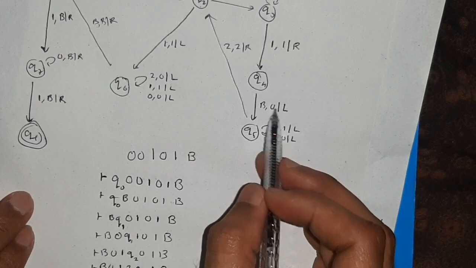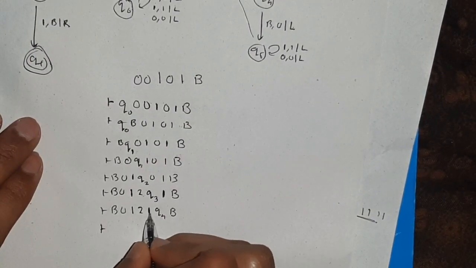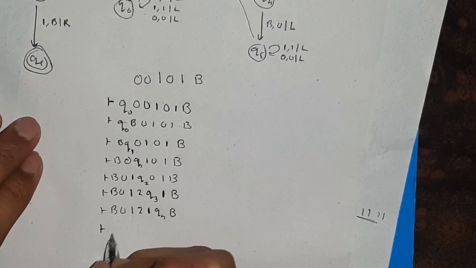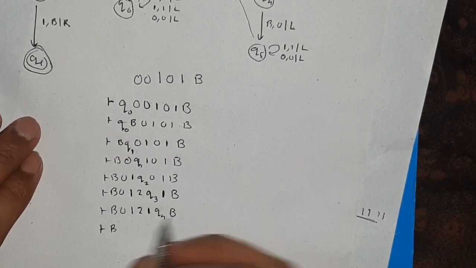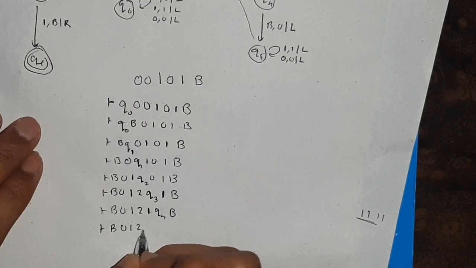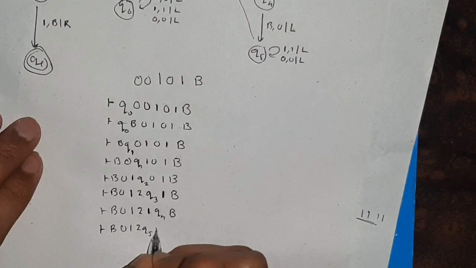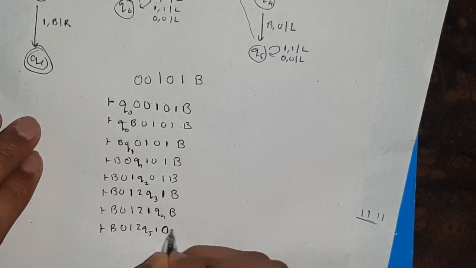It will be converted to 0 and move to the left. So the first B after the second 1 is what I have to convert to 0. My final answer will be here. So it will be 0 1, and it will be moved to the left. My state is q5, and I've converted this into a blank space 0.